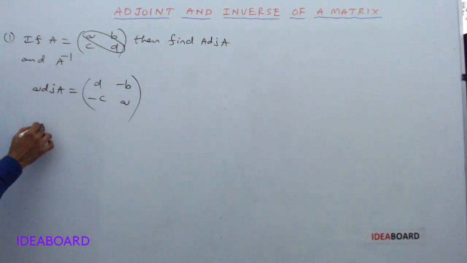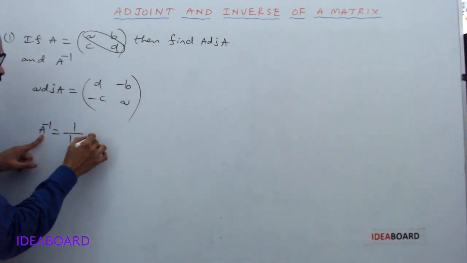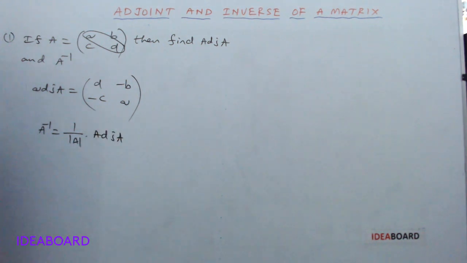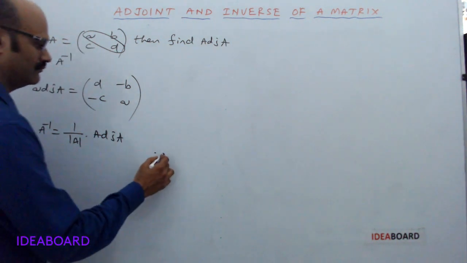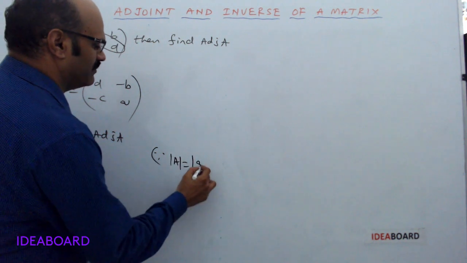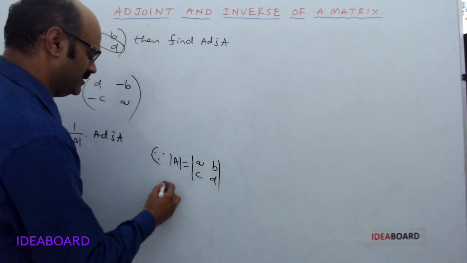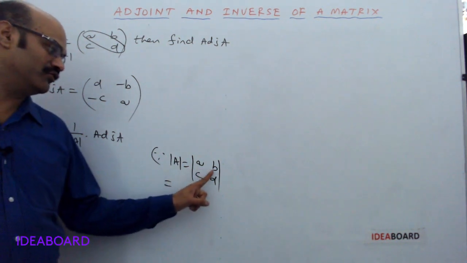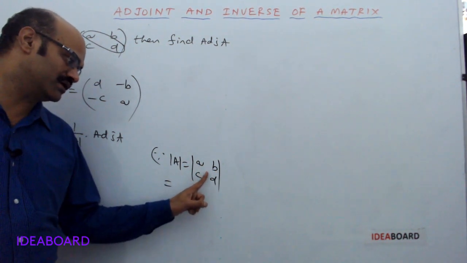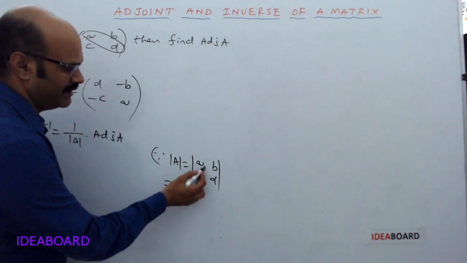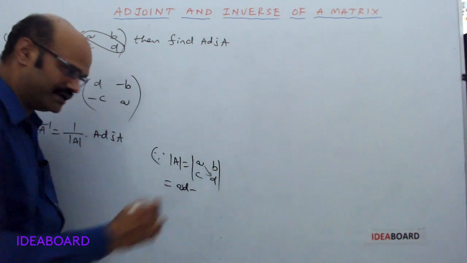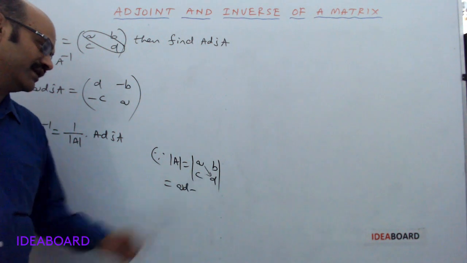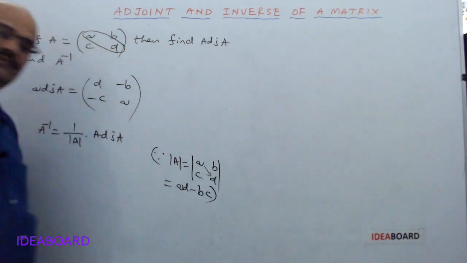Now, A inverse equal to, the formula is 1 by det A into adjoint of A. Det A, the determinant of a 2 by 2 matrix A, B, C, D, is always equal to the product of diagonal elements A into D minus the product of off diagonal elements, BC.